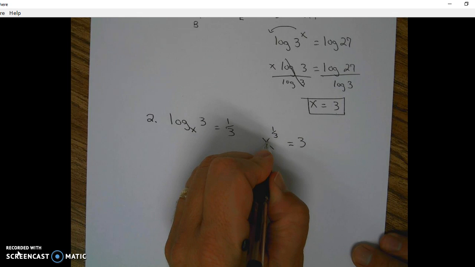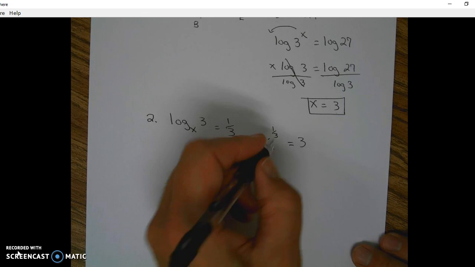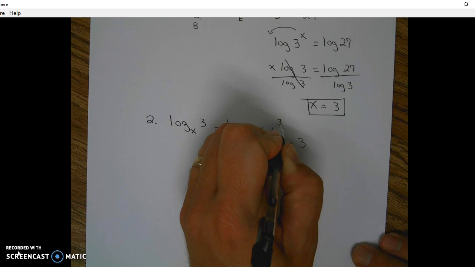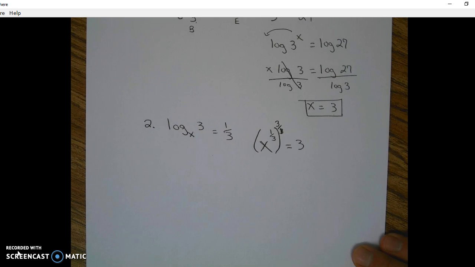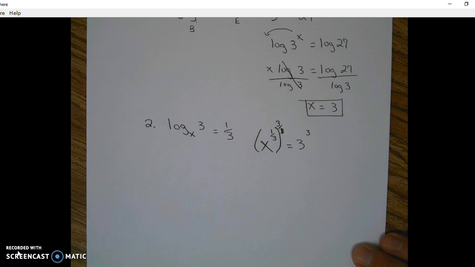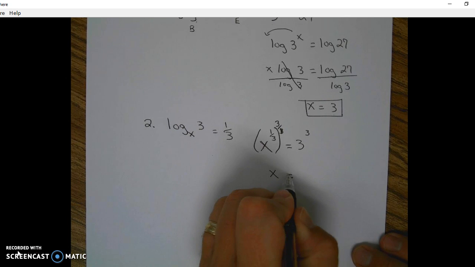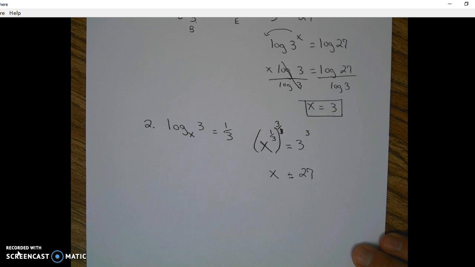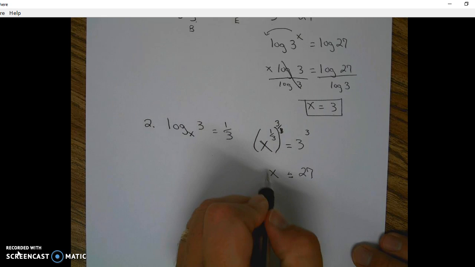Now to solve this problem, what we want to do is we want to cancel out the 1/3. So to cancel out an exponent, we're going to raise it to the reciprocal, which is 3 over 1, or 3. So we're going to raise both sides to the third power. 1/3 times 3 is 1. So x equals 27. So log base 27 of 3 is equal to 1/3.